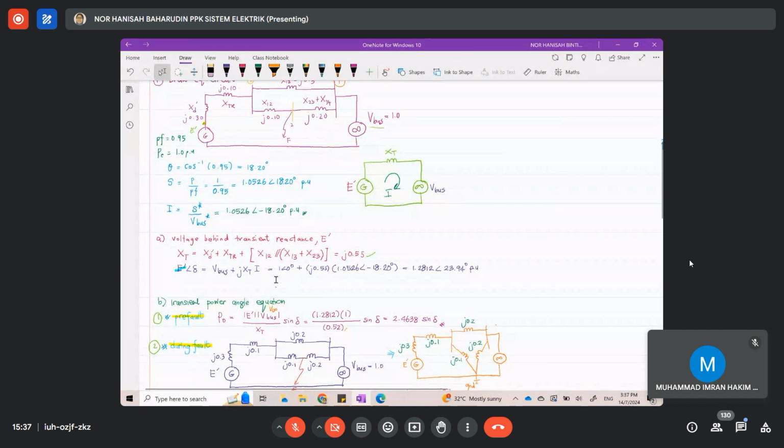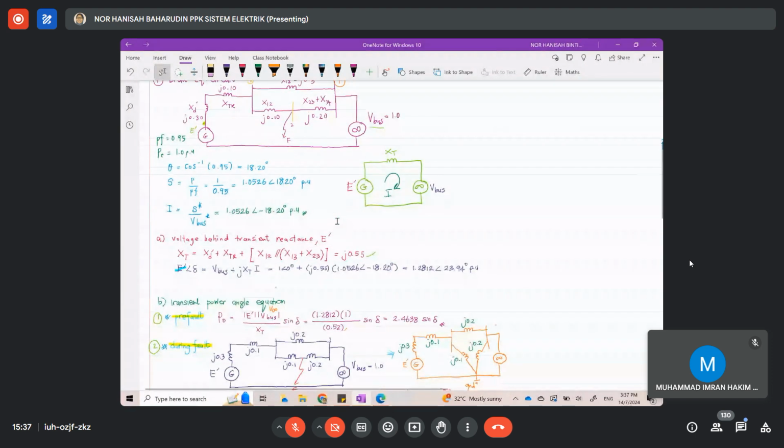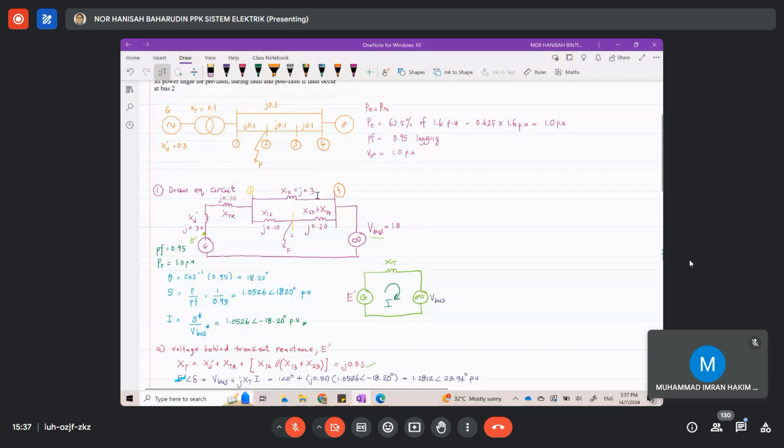I hope that you can understand that it's not very difficult. It's easy. You have done this so many times in your tutorial. Voltage behind transient reactance, E prime: again, you can calculate this. XD prime plus transformer reactance is J0.3 plus J0.1, and J0.3 is parallel with this reactance.